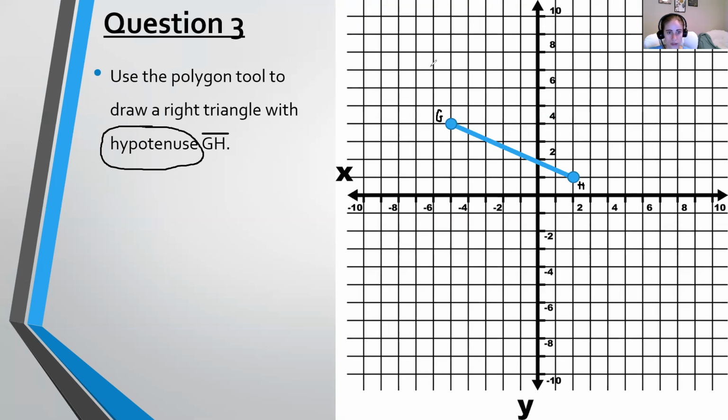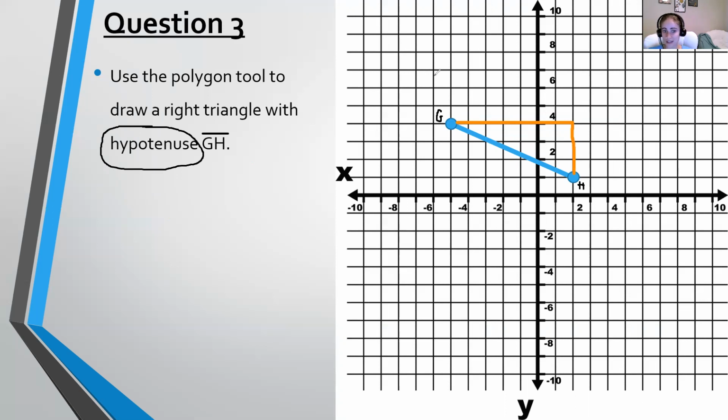All right, let's choose a nice bright color. Let's do orange. Well, if I want to make a right triangle, I already got my hypotenuse, which means here and here. Does that make a right triangle? It does. Now, is there another way you could make a right triangle? Would there actually be a second correct answer?